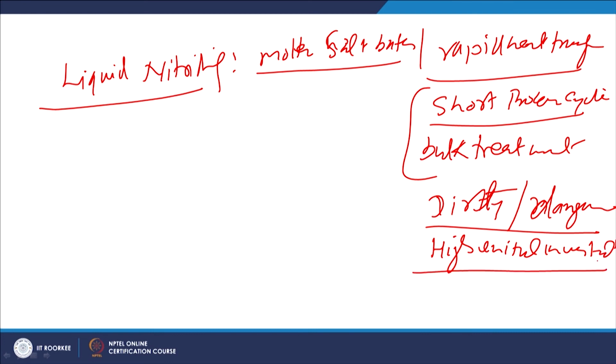So, the initial cost is high, the process is dirty and dangerous due to the molten salt bath, but the process cycle is quick because of the faster heat transfer, and it can be carried out on a number of components at a time.